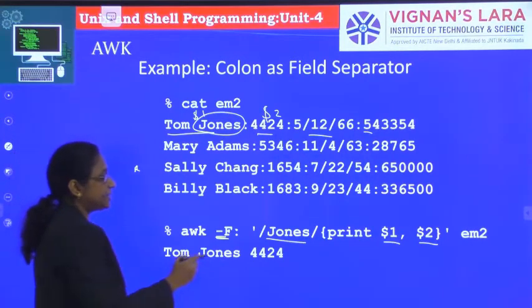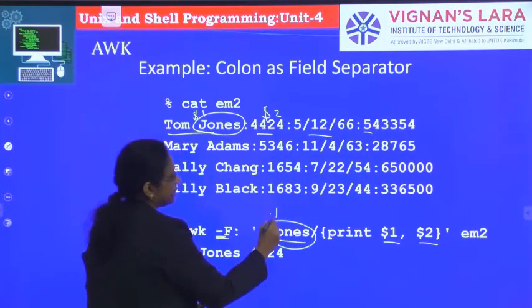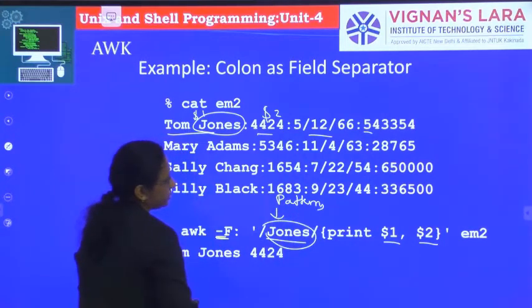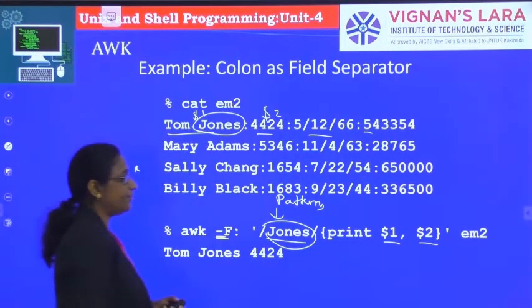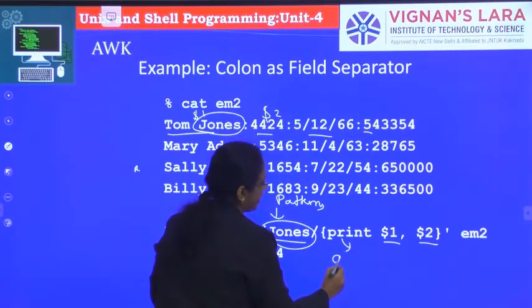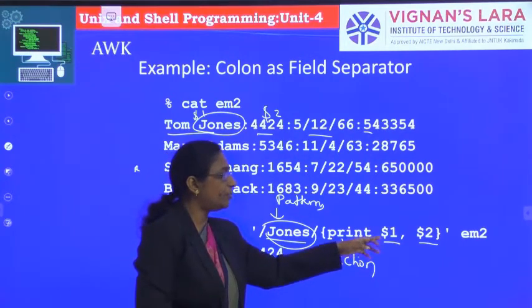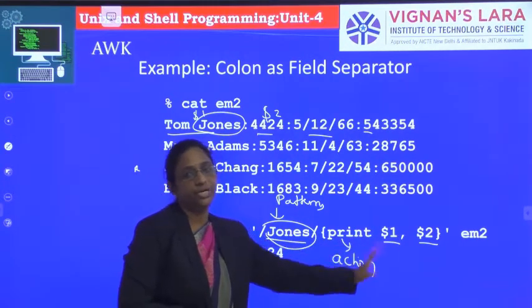Here it searches for the pattern zones. This is the pattern, and print is an action. This action has to be performed on only field 1 and field 2.